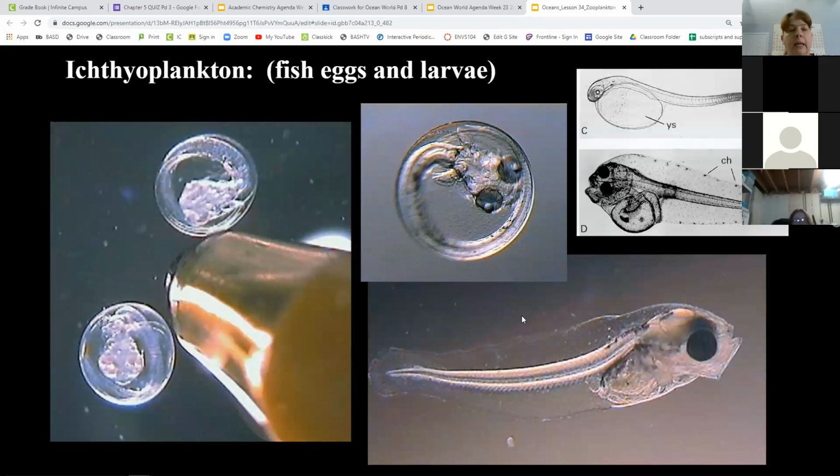And then finally, we have the fish plankton. Depending on the size of the fish, sometimes the fish larvae are so tiny that they are simply free floating until they develop their swimming fins.